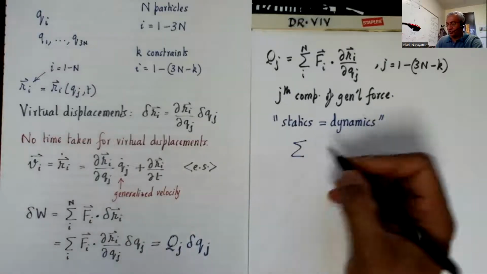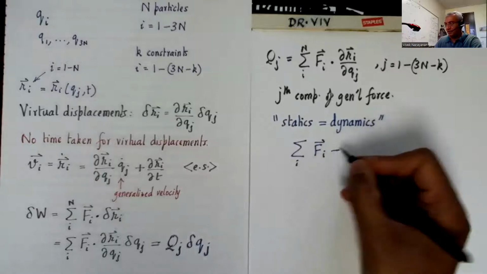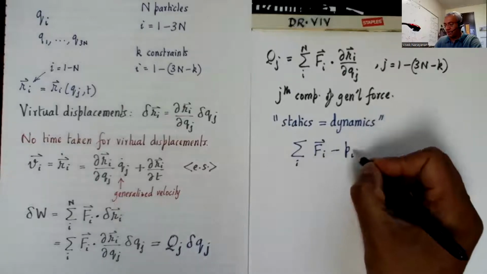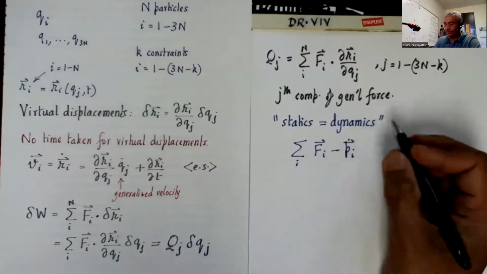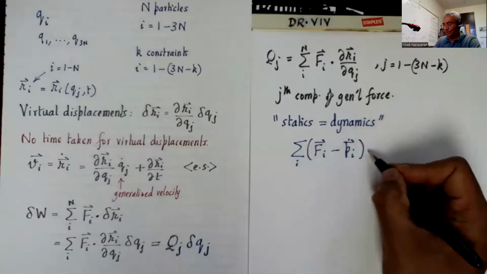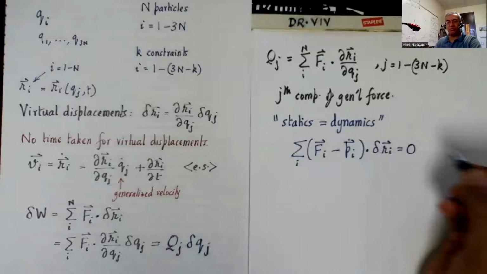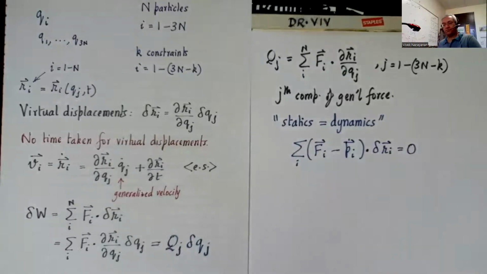So the principle is given by this: sum over all i, Fi minus Pi dot, that is dP by dt, the dot means time derivative, dotted with delta Ri equals 0. That is the virtual work principle.